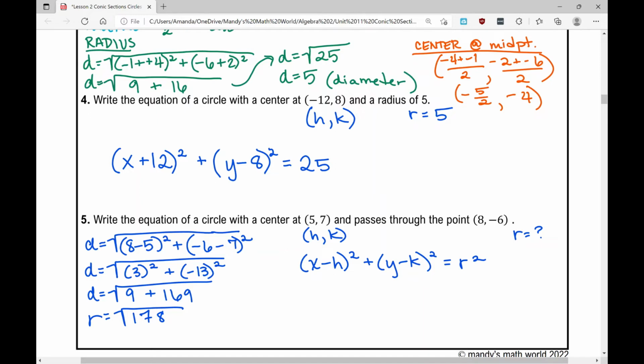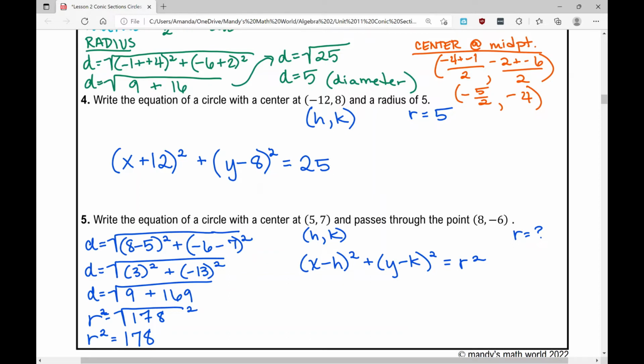So the radius is the square root of 178, which means the radius squared is just 178. I don't need that square root. If I square both sides, radius squared undoes the square root. So the radius squared is 178. I don't need to worry about simplifying this non-perfect square root.